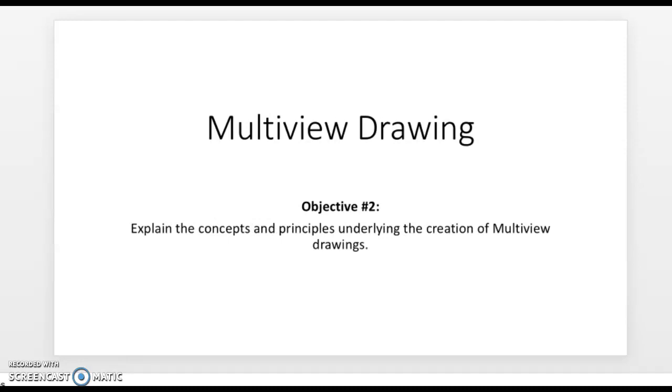Objective number two, students will be able to explain the concepts and principles underlying the creation of multi-view drawings. This simply states you know how to look at an object and turn it into a multi-view drawing.